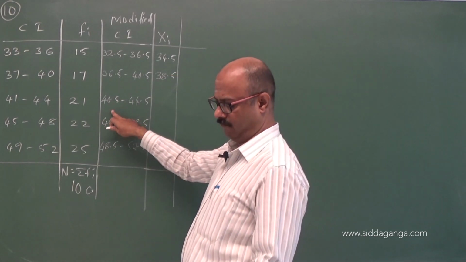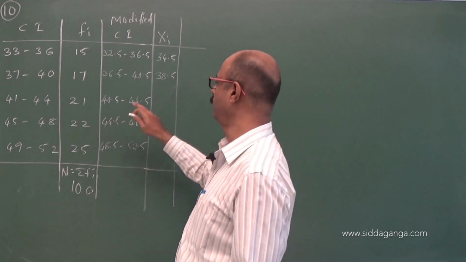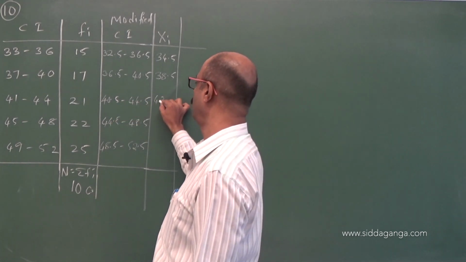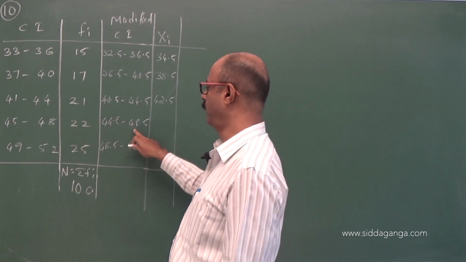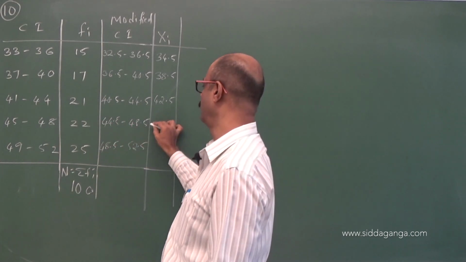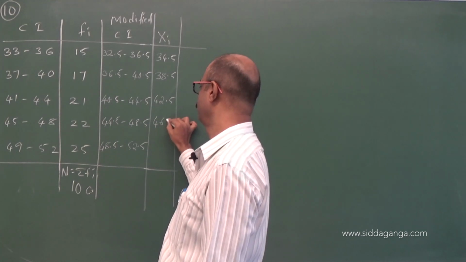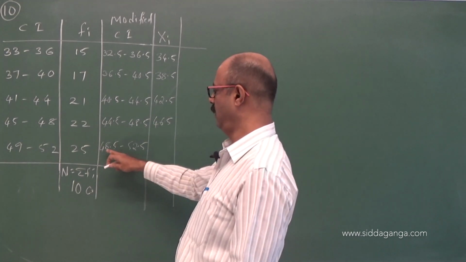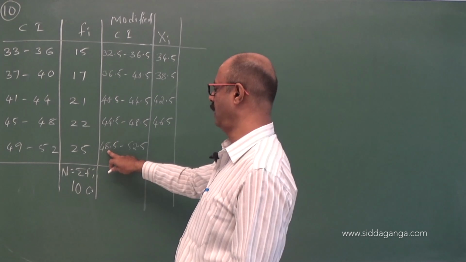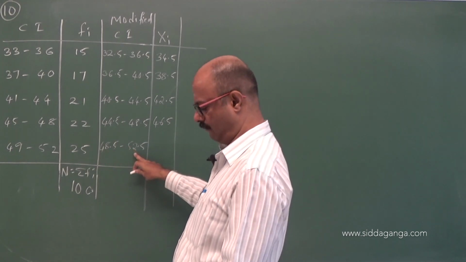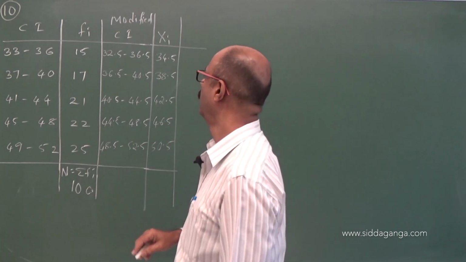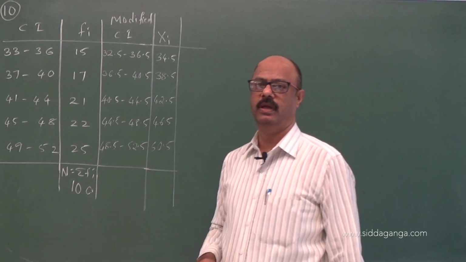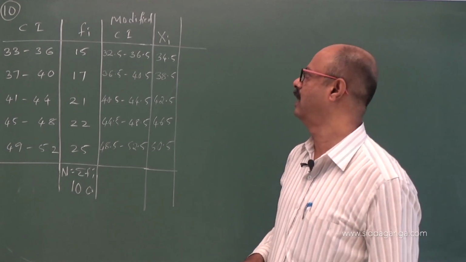Similarly, 40.5 plus 44.5, you will get 42.5. 44.5, 48.5, you will get 46.5. Similarly, 48.5 and 52.5, the midpoint is 50.5. These are the midpoints. Midpoints, we denote it as xi.